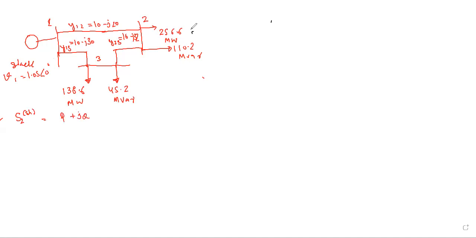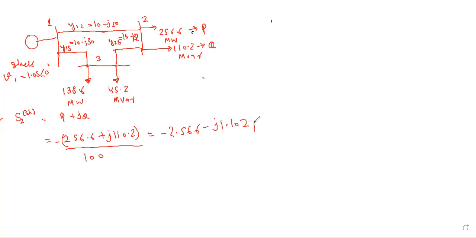Here the value of P is this, and the value of Q is this, but these are actual values, so we need to convert them to per unit. We take minus 256.6 plus j110.2 divided by 100, since the base is 10 power 6. So this part is minus 2.566 minus j1.102. Now it is in per unit.